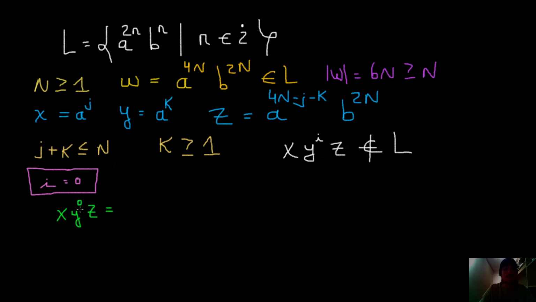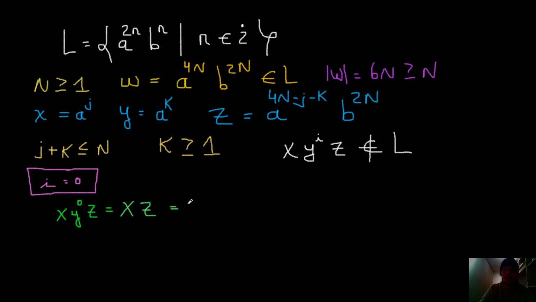Keep in mind that when we raise y to 0, this is the empty word, lambda, right? Any word or any subword, when you raise it to 0, you have the empty word. And when we concatenate the empty word with the rest, we just have the rest. So we can simplify this as just having x concatenated with z, right?